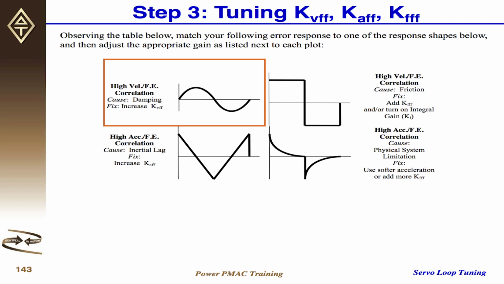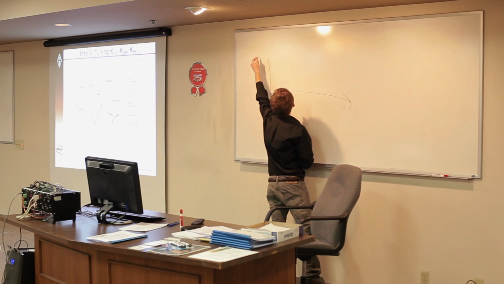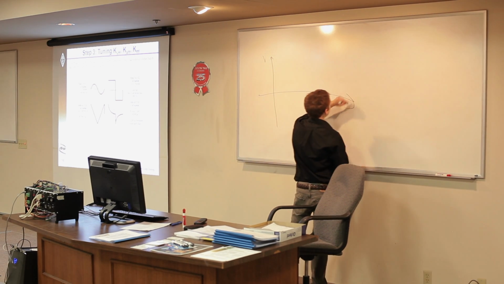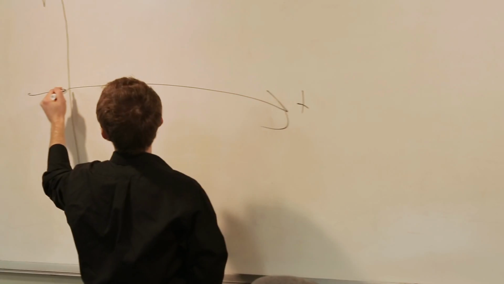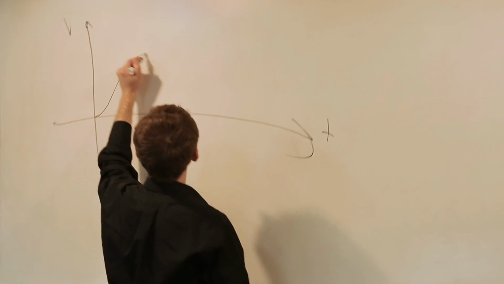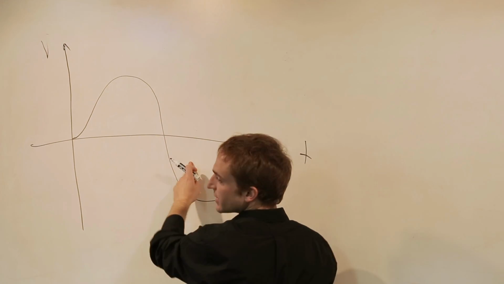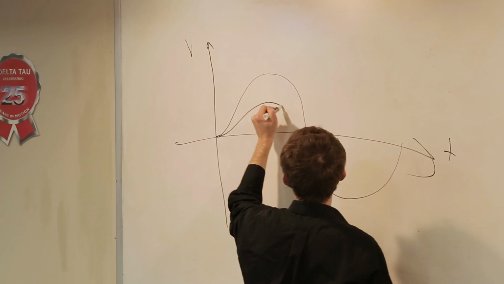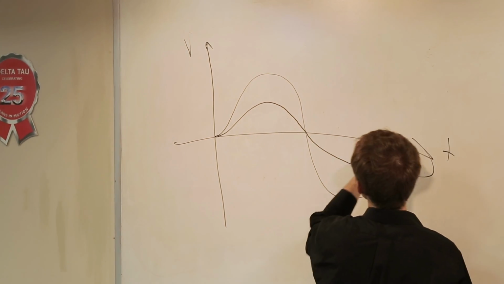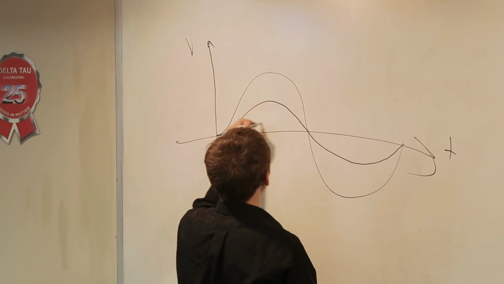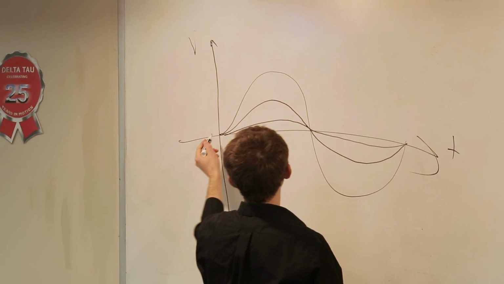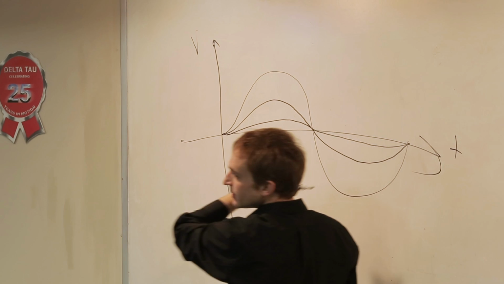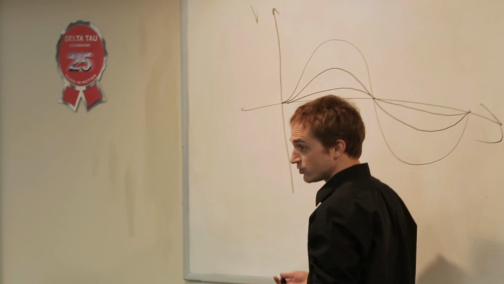And as you increase kVFF, with velocity here and time here, our initial following error looks like that, and as we increase kVFF, the amplitude should decrease like this until ultimately you have just a flat line, assuming there's no other changes you need to make.